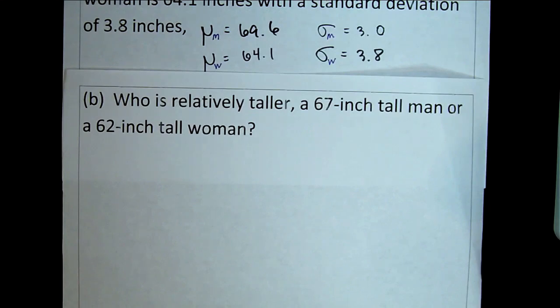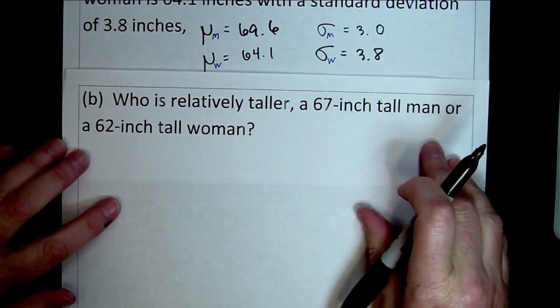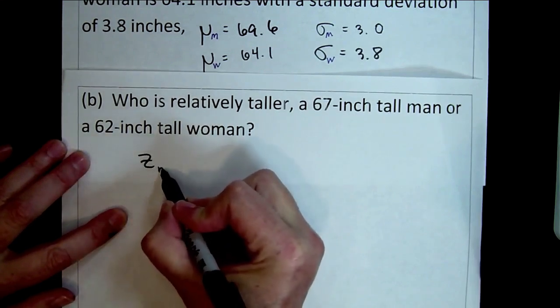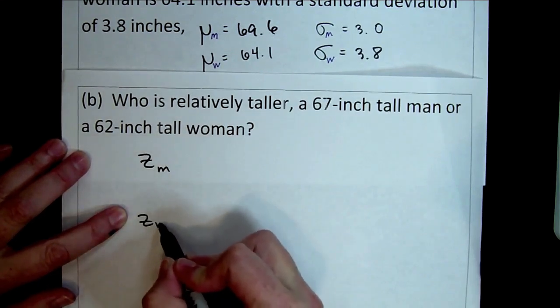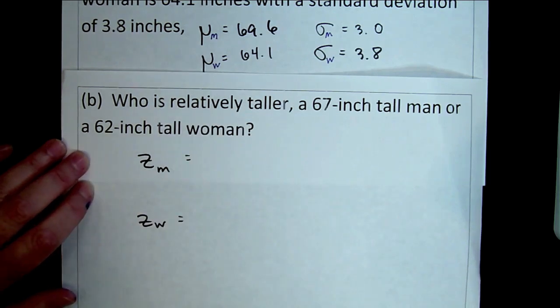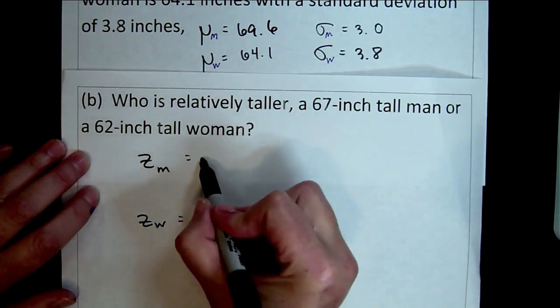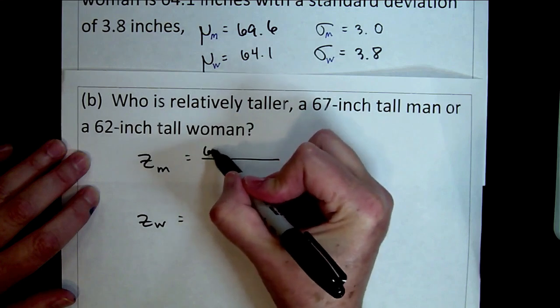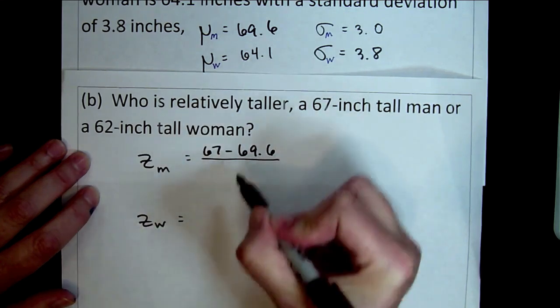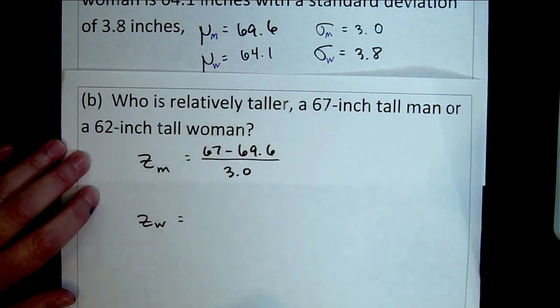Who's relatively taller, a 67-inch man or a 62-inch tall woman? The z-score for the man versus the z-score for the woman is what allows us to compare them in an apples-to-apples way, rather than comparing apples to oranges. For the 67-inch man: 67 minus the mean for the men of 69.6, divided by the standard deviation for the men.